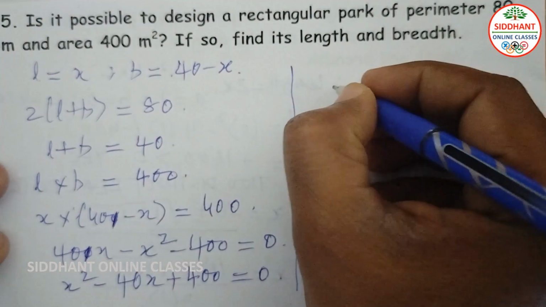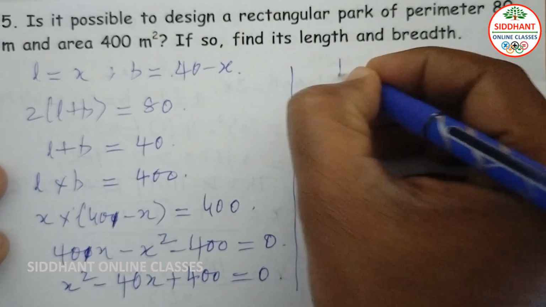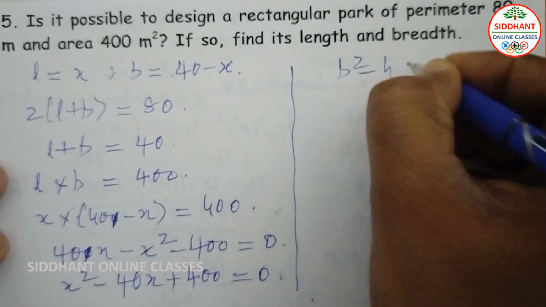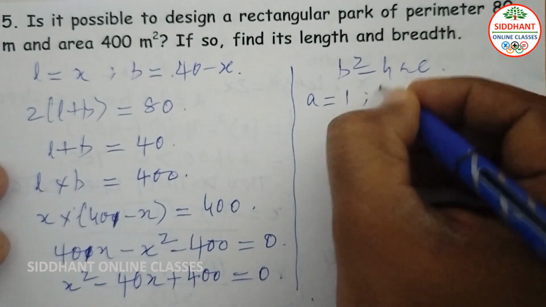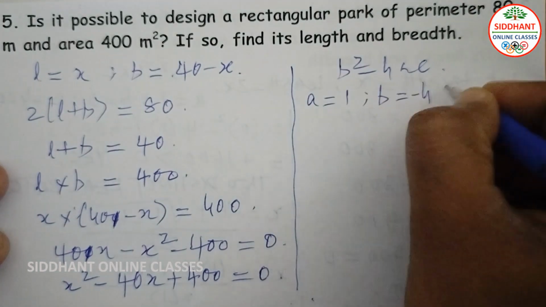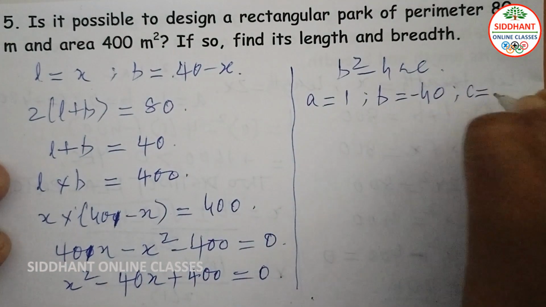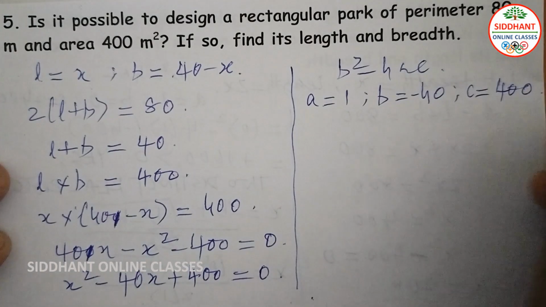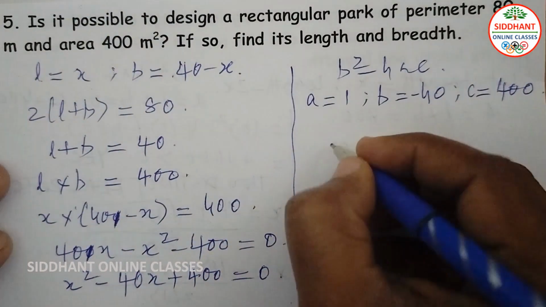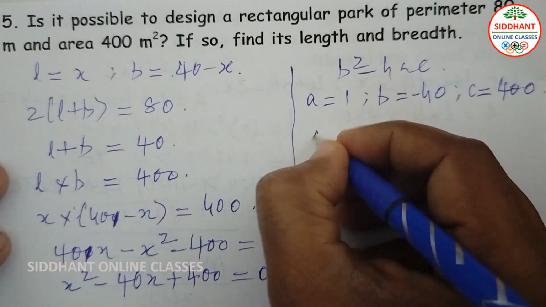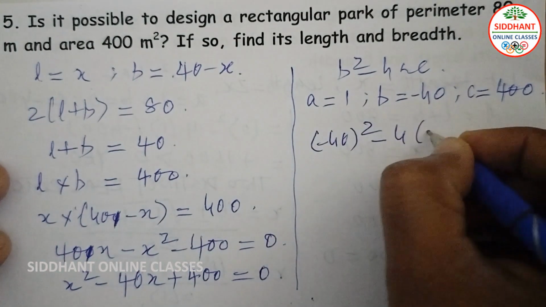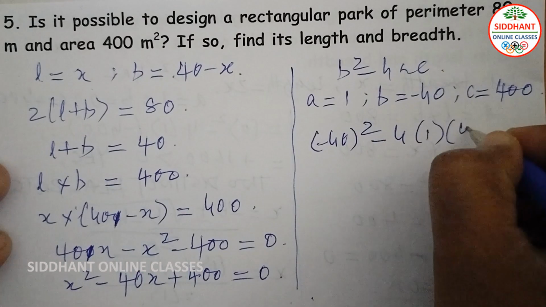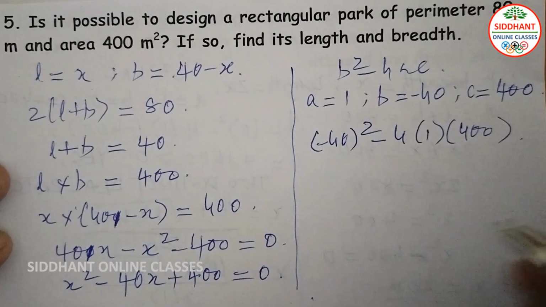So we are going to find out the discriminant, which is b square minus 4ac. Here a equal to 1, b equal to minus 40, c equal to 400 here. So b square means minus 40 square, minus 4 into 1, and c is 400 here.